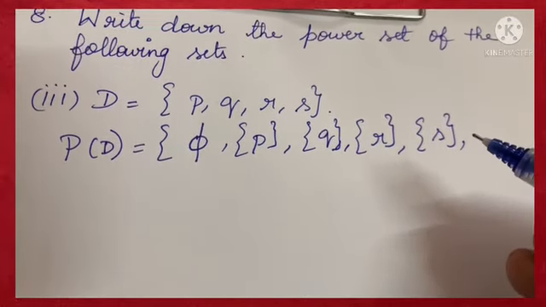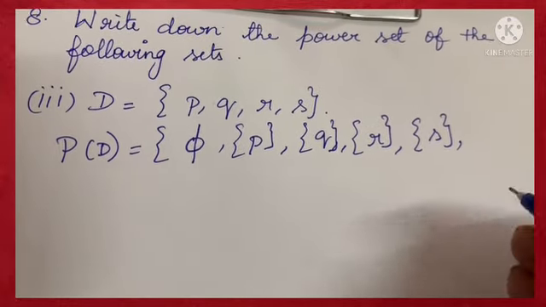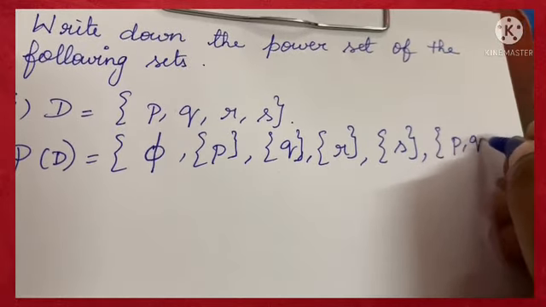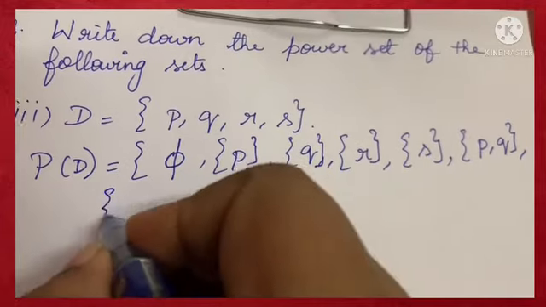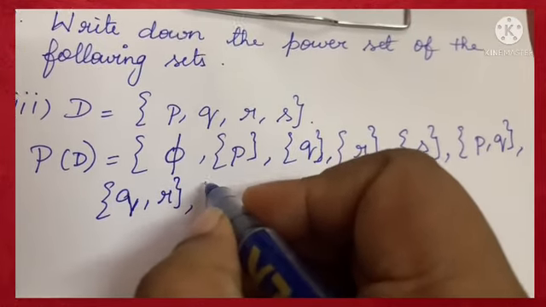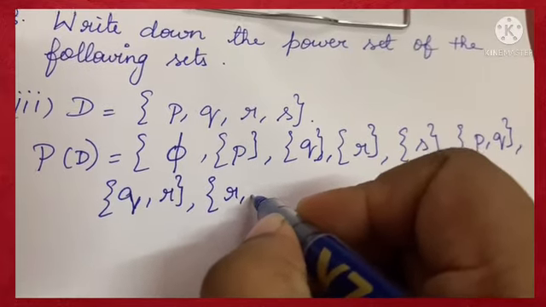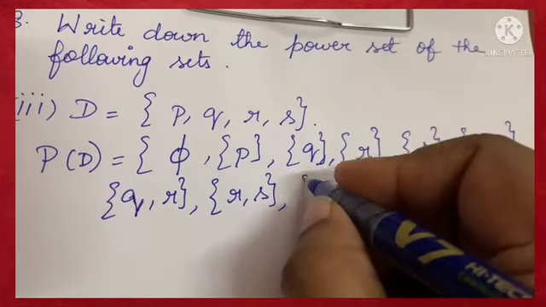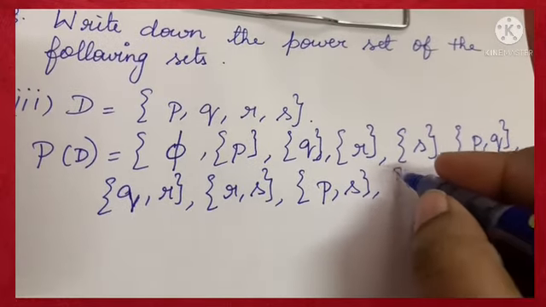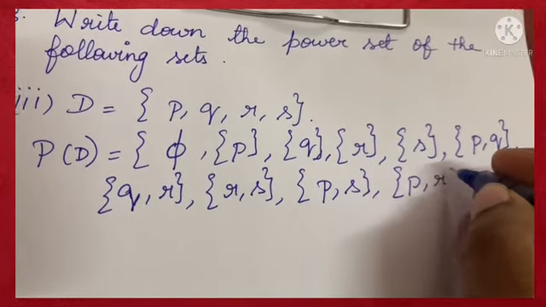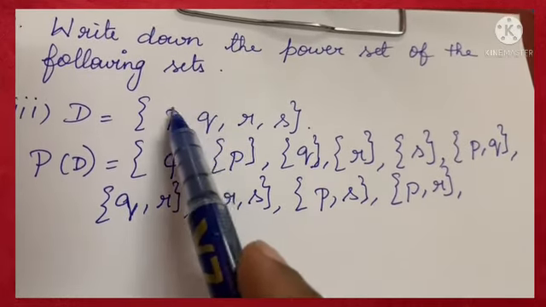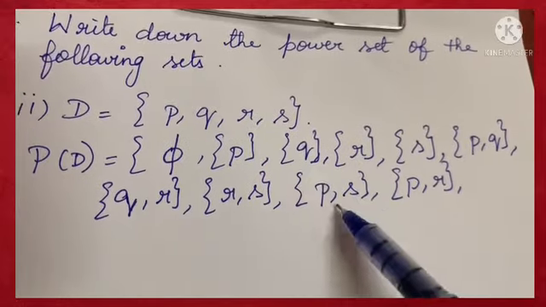Now what you will do is write it as pairs. PQ is a subset, QR is a subset, RS is a subset, PS is a subset, PR is a subset. So can you see how I am writing? PQ, PR, PS.